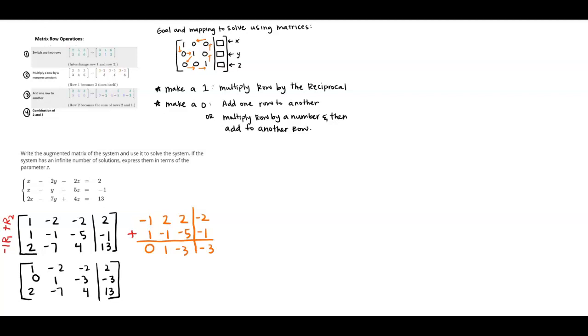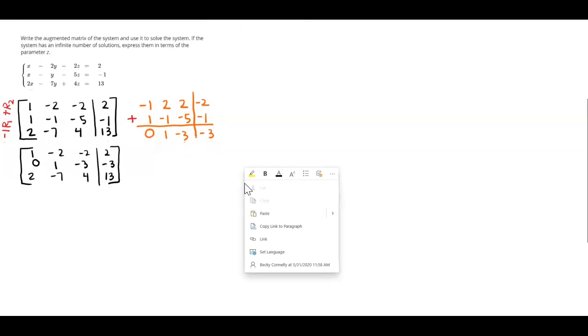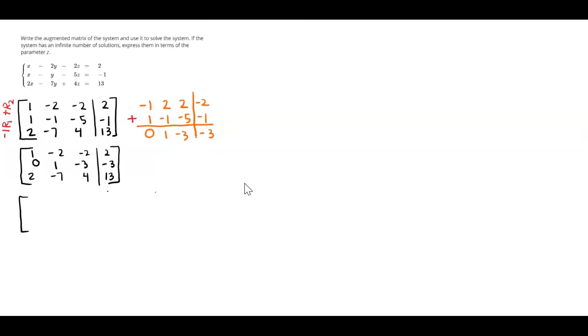All right, so now I want to get that one there to be a 1, but it already is, so that's awesome. So now I just need to go down here and make this 2 be a 0, right? So that lower left-hand corner, trying to make that 2 down here into a 0. So I'm going to have to do the same kind of thing that I did above there. So let me write down my new matrix.